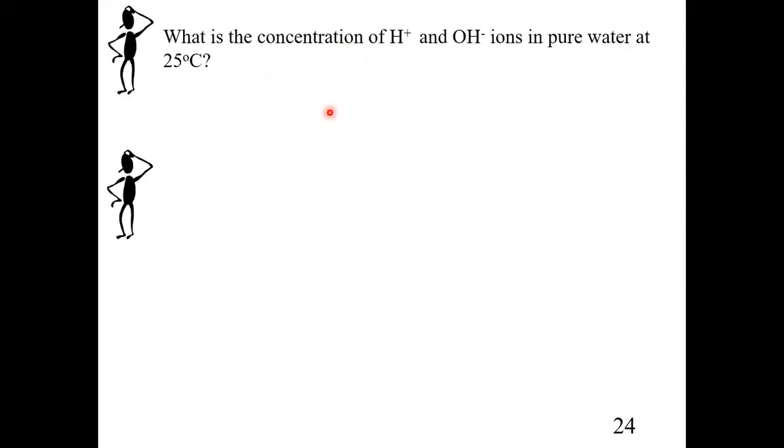Okay, so what is the concentration of H plus and OH minus in pure water at 25 degrees? So Kw again is H3O plus, or H plus, times OH minus. If this is pure water, guys, and I mean pure water, not the water that we have here, none of it is pure.